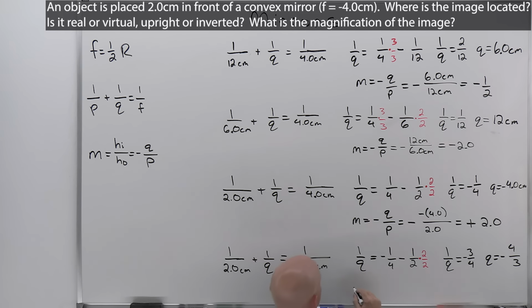If we go to get our magnification, it's negative q over p, which in this case is negative of negative 4/3 all over our object distance of 2, which is going to get us positive 4/6 or positive 2/3.